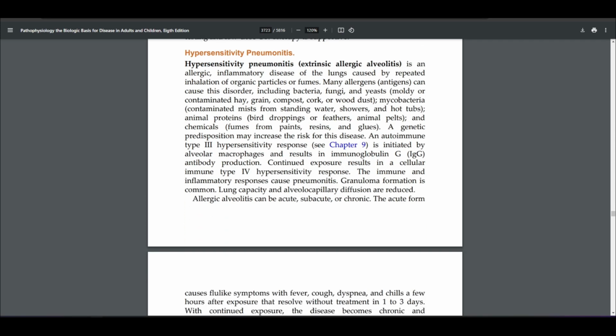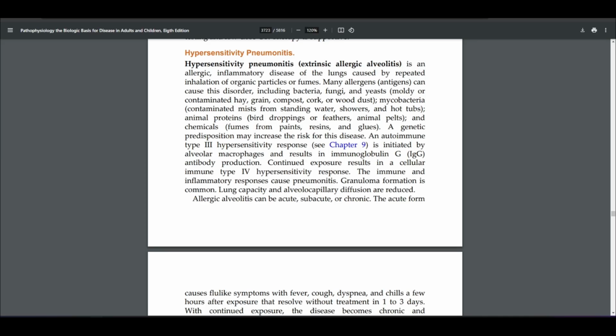Hypersensitivity pneumonitis, also known as extrinsic allergic alveolitis, is an allergic inflammatory disease of the lungs caused by repeated inhalation of organic particles or fumes.